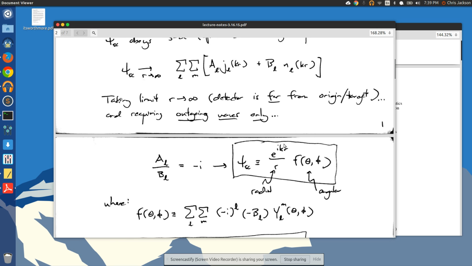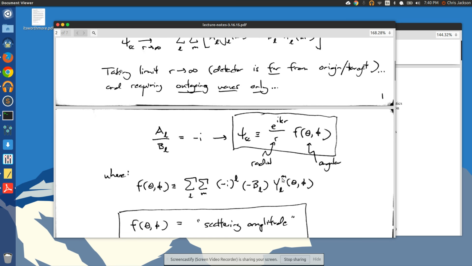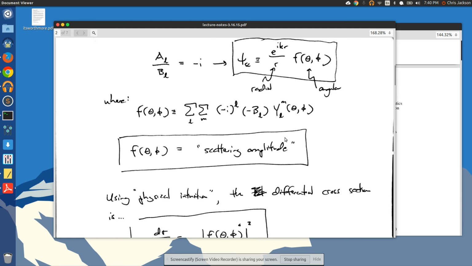So this is an outgoing spherical wave. And then all the angular stuff, the stuff that's inside these Neumann and Bessel functions, is all captured in this thing that we call the scattering amplitude. So all the angular dependence is in there, and we have a radial piece. Okay.